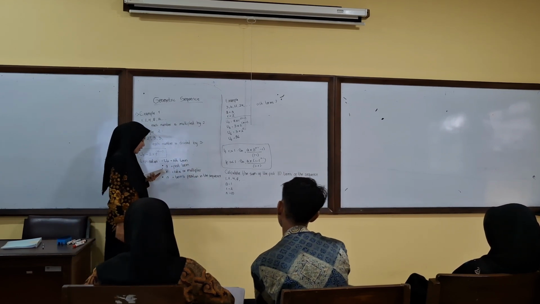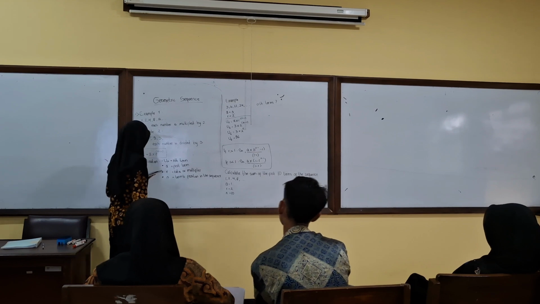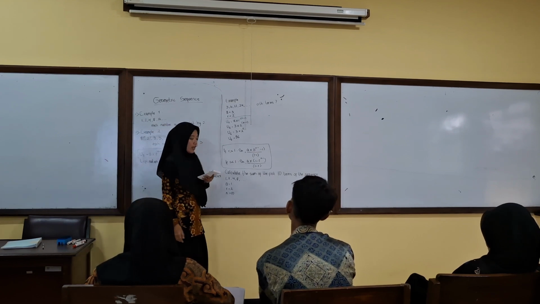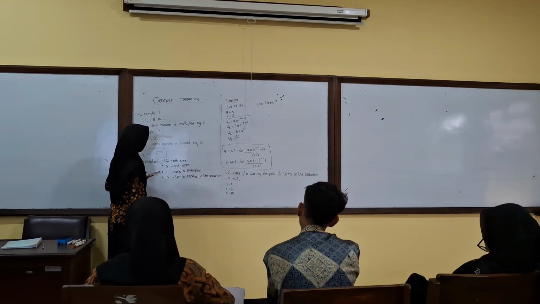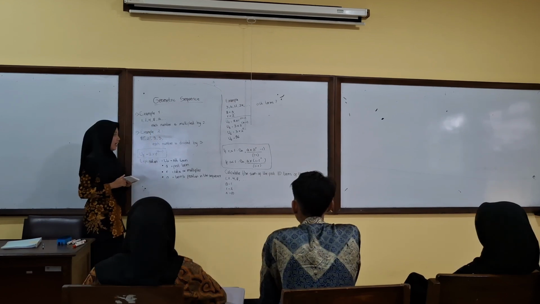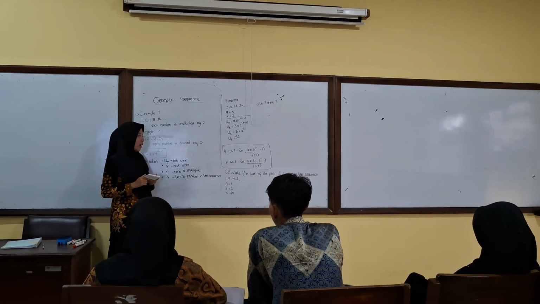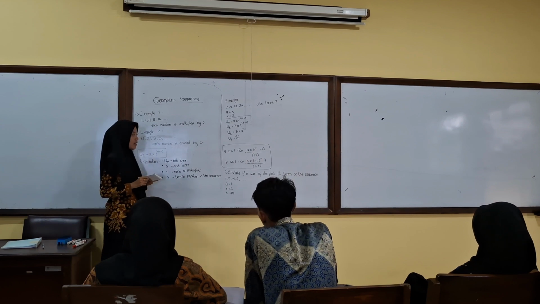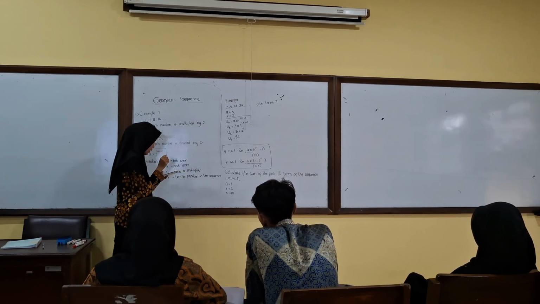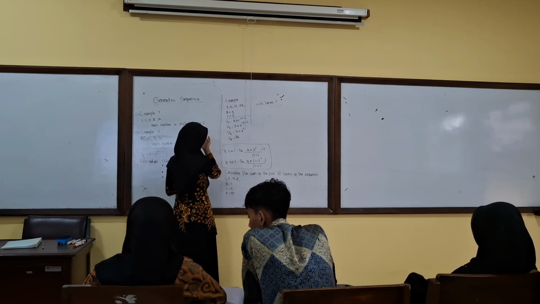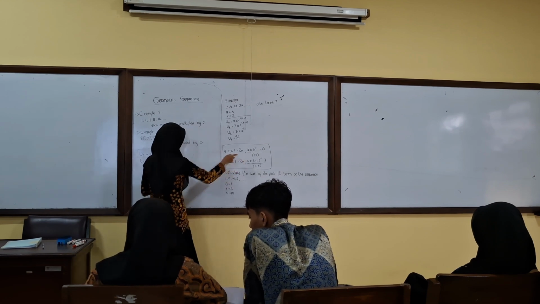Understand. Okay. Next, how do we find the sum of the first n terms of a geometric sequence? There are two formulas depending on the ratio.